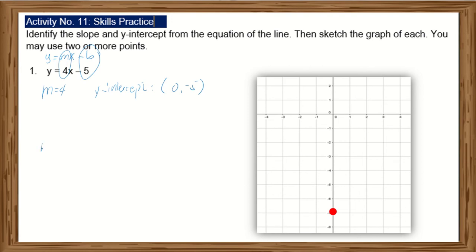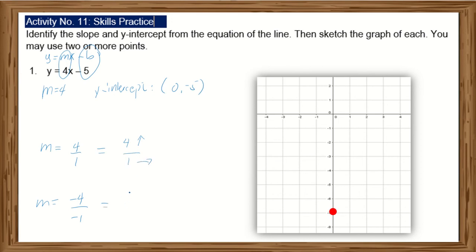Now, the slope equals 4 can be expressed as 4 over 1, or it could be expressed as negative 4 over negative 1. So, that is to say, when positive 4, it means 4 units up, and then 1 unit to the right.